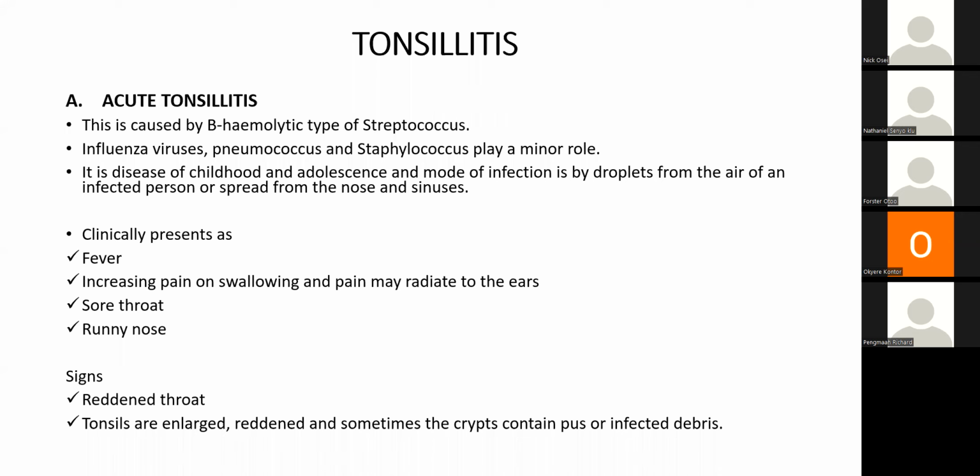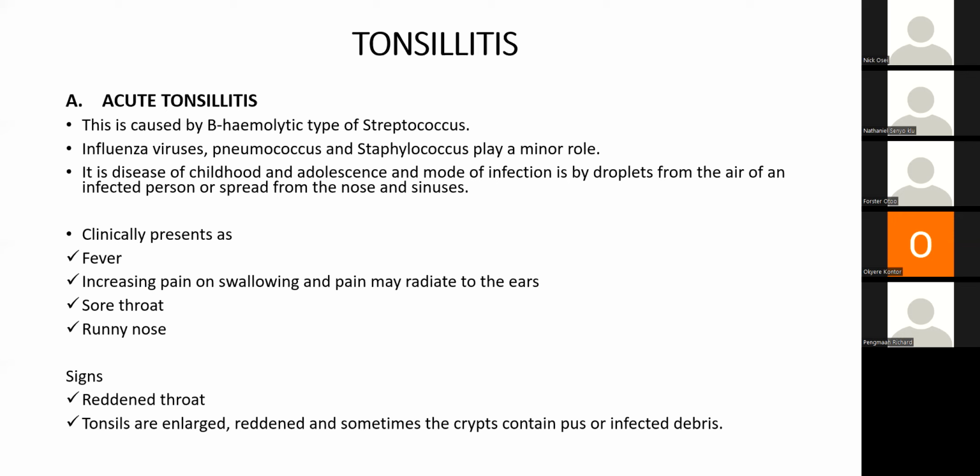Clinically, they present with fever, usually a temperature more than 37.5 to 38 degrees Celsius, and there is dysphagia as well as odynophagia. You should by now be able to differentiate between dysphagia and odynophagia. And there is also some form of sore throat and runny nose.